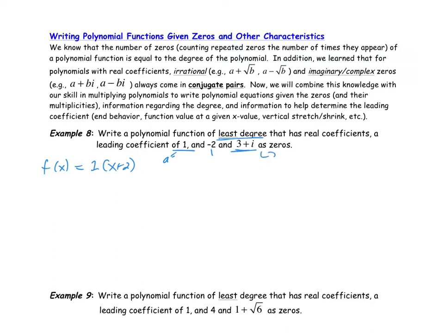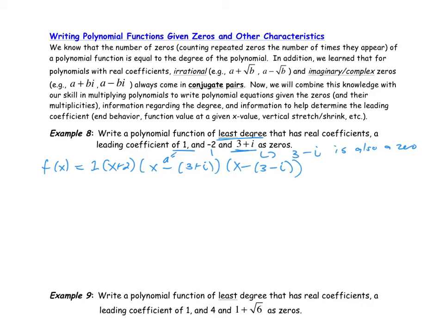If 3 plus i is a 0, then we also know that its complex conjugate, 3 minus i, is also a 0. And now we'll continue writing a factor for each 0. So we will have a factor x minus 3 plus i and x minus 3 minus i. So we always have factors of the form x minus the 0.